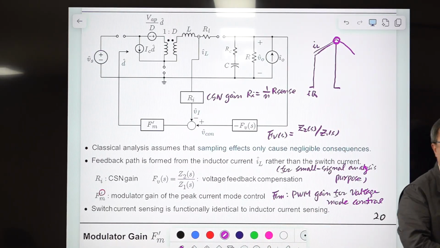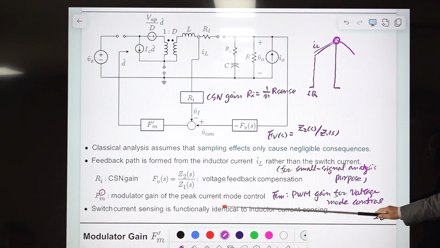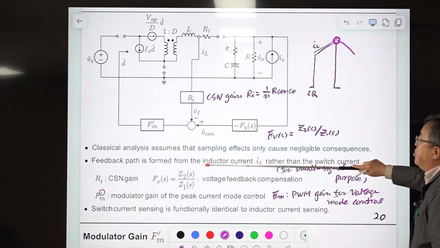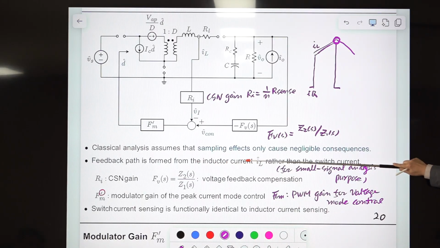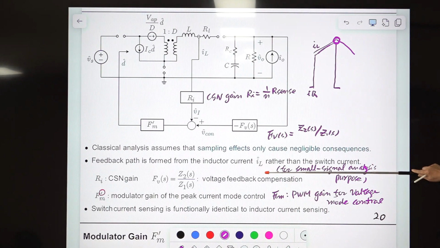For some reason, this is convenient for this small signal analysis. Okay. So feedback path is derived from the inductor current IL rather than switch current. Actually, we are sensing the switch current, but this is used for the analysis purpose, only for the small signal analysis purpose. This is more convenient than switch current sensing.